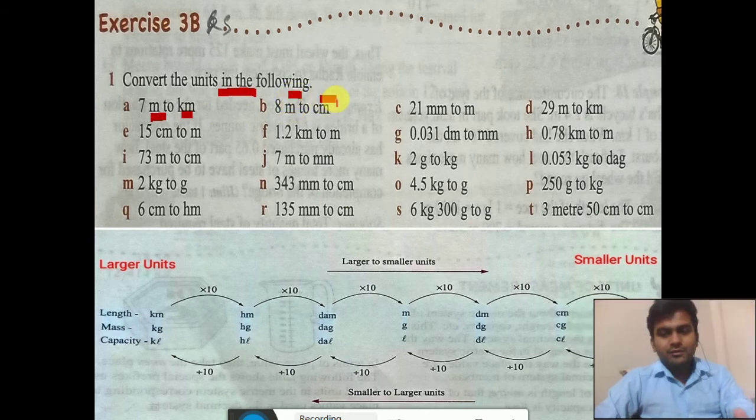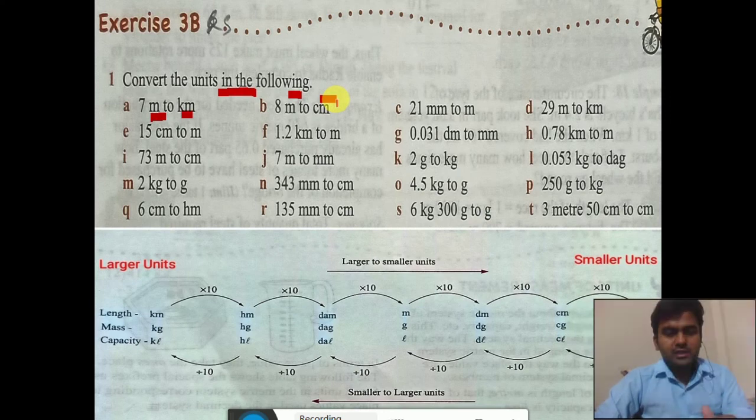Before solving any question, first we have to see whether we are converting a smaller unit into a larger unit, or a larger unit into a smaller unit. Remember this: when converting a larger unit into a smaller unit, we have to multiply. And when converting a smaller unit into a larger unit, we have to divide.